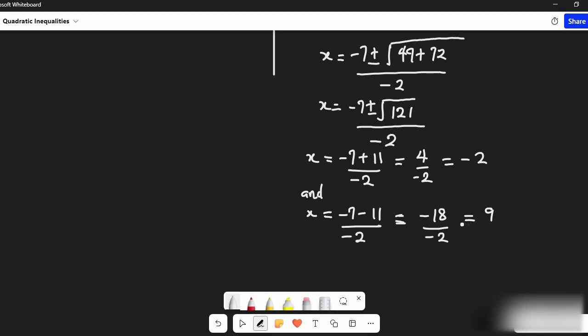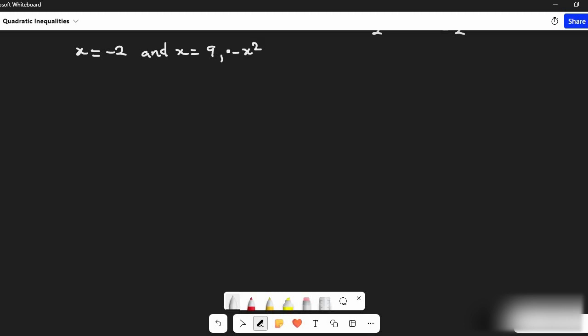So now let's move to sketching the curve on the x-axis. To sketch the curve, we're going to write out all the information that we have. The zeros of the function: x equals minus 2 and x equals 9.